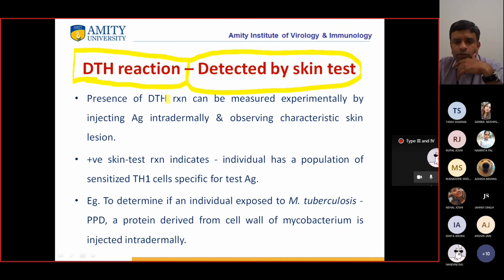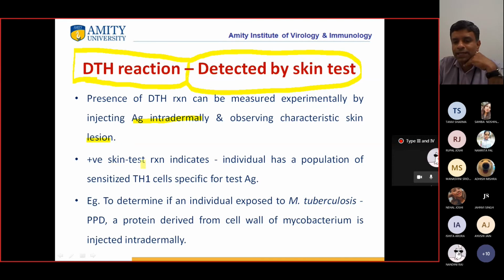The presence of a DTH reaction can be measured experimentally by injecting antigen intradermally and observing the lesion, right? We studied that there is erythema and edema, swelling and redness, right?